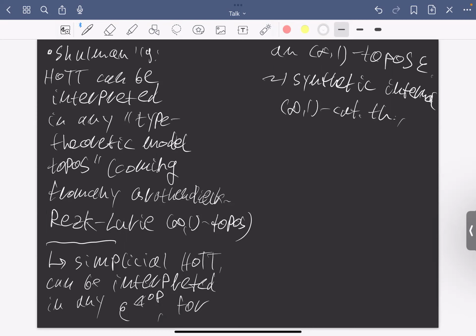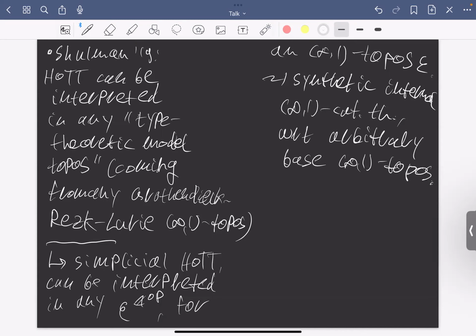Internal meaning with respect to an arbitrary base infinity topos. So from now on, I'm going to drop the infinity-one and just refer to it as infinity.